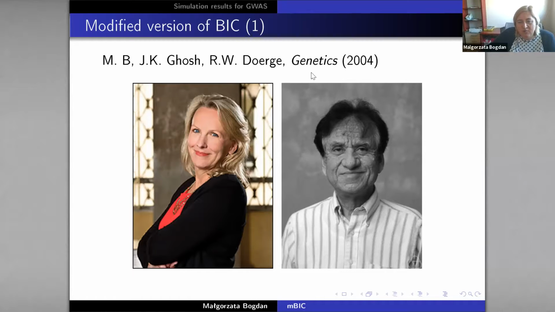When I started to work with them, Rebecca told me that she needs a criterion to identify genes, to localize genes. So the article appeared in Genetics and is concerned with gene identification. I don't have a slide about it, so let me say a few words about how it works.